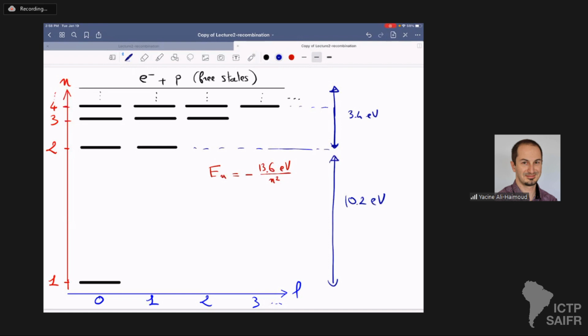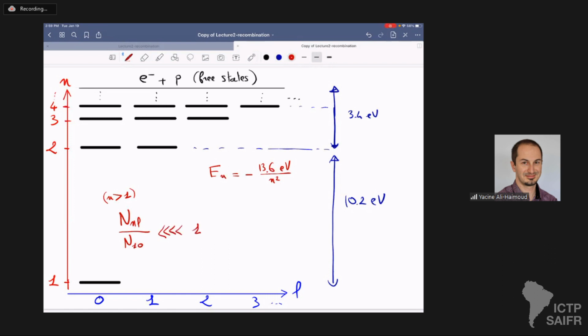One point which is important to keep in mind is that at any given time, the number density of hydrogen in any of the excited states nL, where n is strictly greater than 1, over the number density of hydrogen in its ground state, 1, 0, is extremely, extremely small compared to 1.